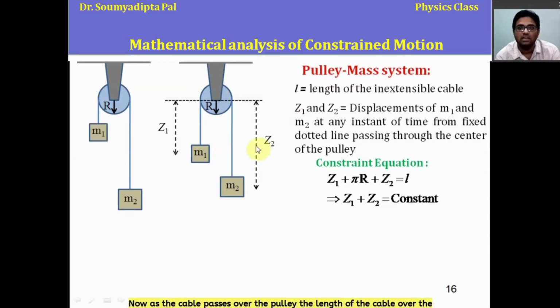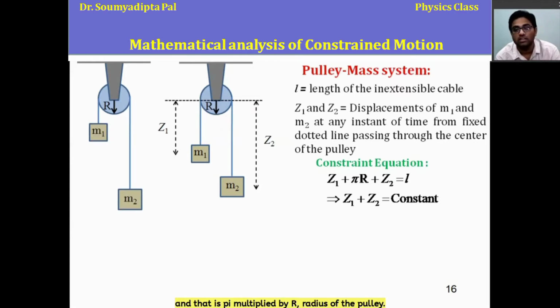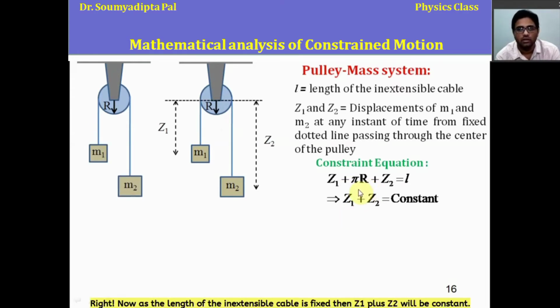As the cable passes over the pulley, the length of the cable over the pulley will be half of the circumference, and that is pi multiplied by r. Right? Now, as the length of the inextensible cable is fixed, z1 plus z2 will be constant.